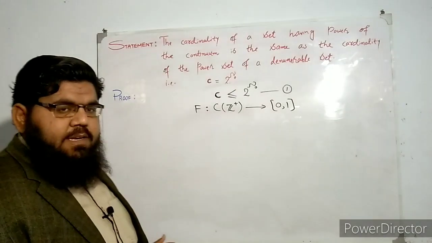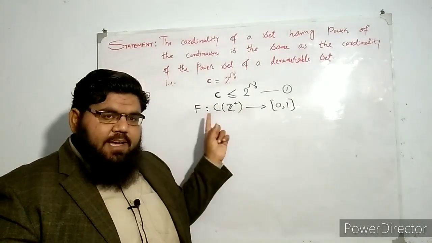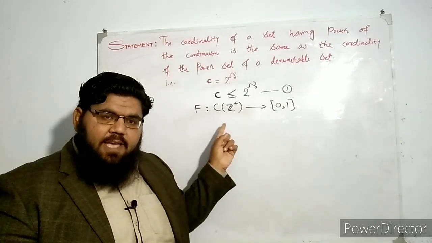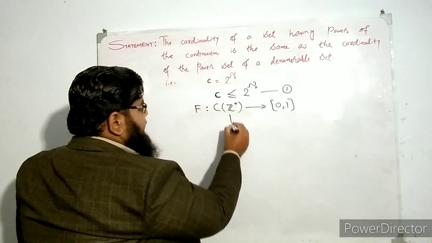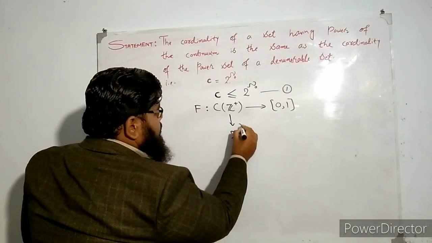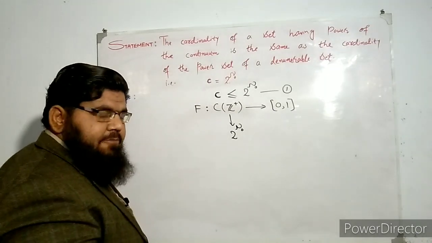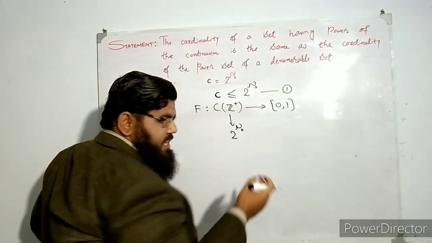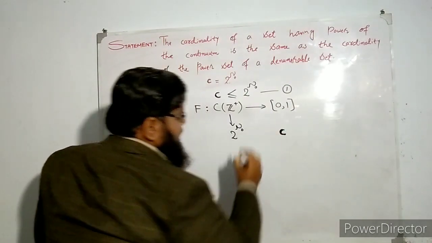Let me tell you first that the cardinality of the first set is 2 to the power alpha naught, as I mentioned in the preliminaries, and the cardinality of this interval, which has the power of the continuum, is C.